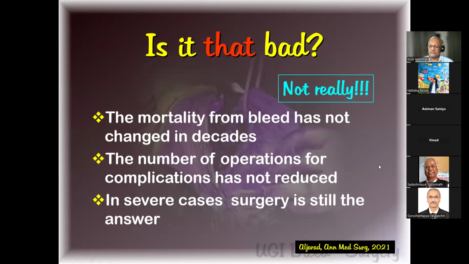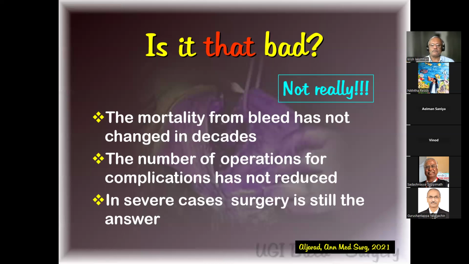Yes, sir. Rightly mentioned. For the postgraduates, like sir mentioned in between, it is exactly mentioned in the textbooks. Even though the incidence of peptic ulcer disease has come down drastically, the complication rate related to peptic ulcer disease has not come down.